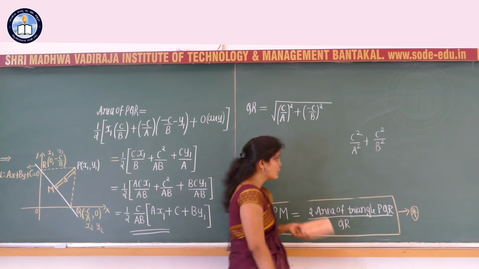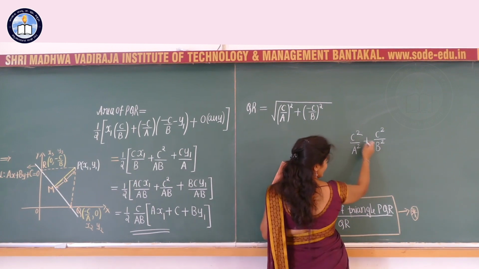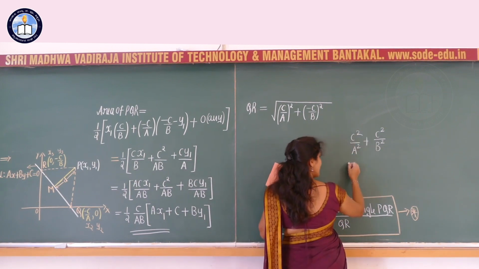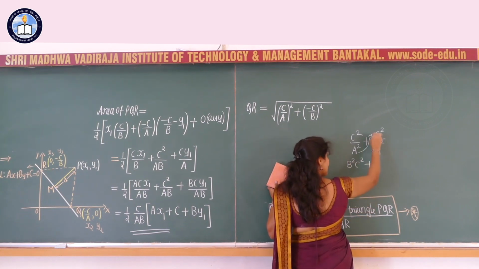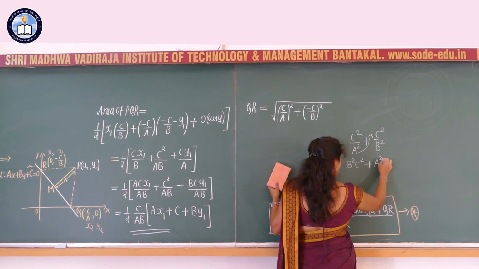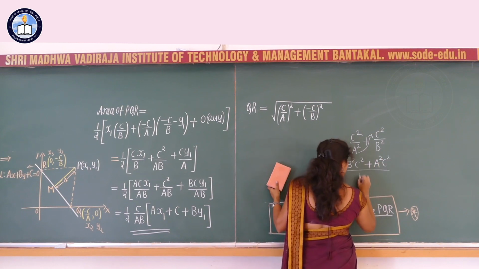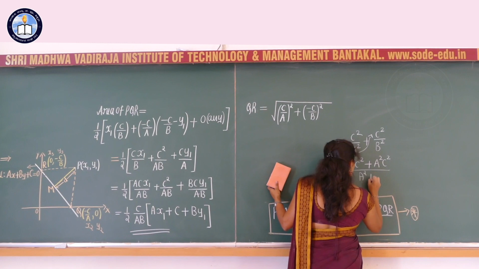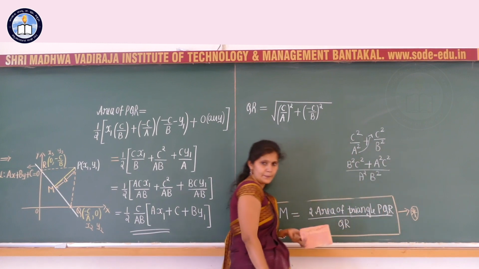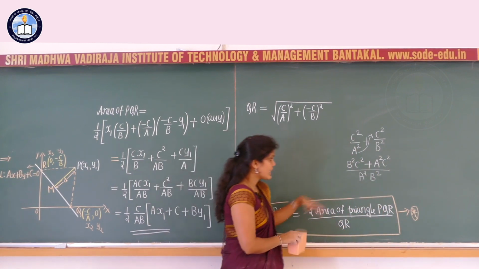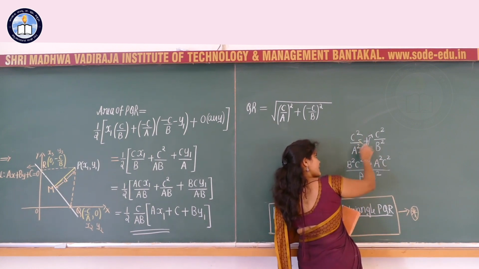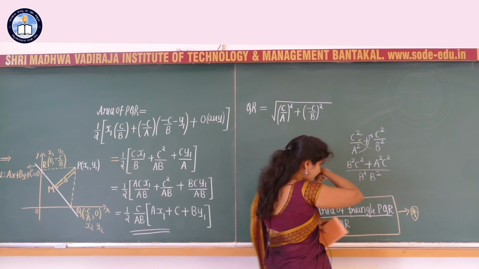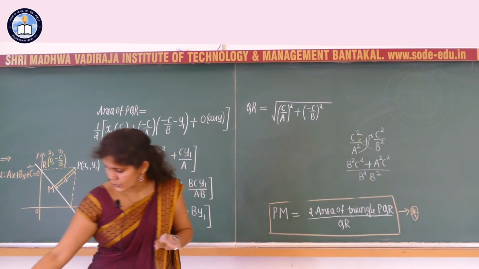Here we can also write it by cross multiplication: b square multiplied with c square, a square multiplied with c square, that is a square into c square, divided by the denominator a square into b square. Verify: multiplication b square into c square plus a square into c square divided by a square into b square, correct?